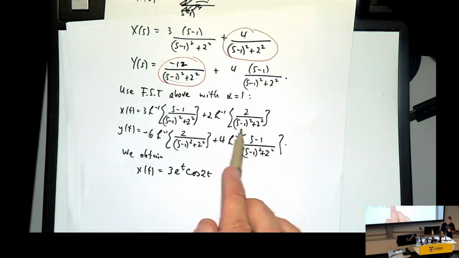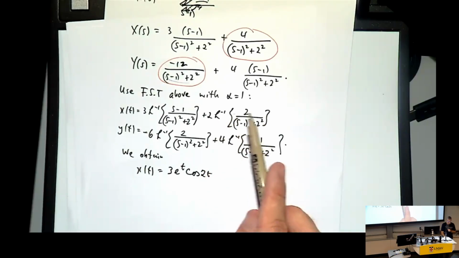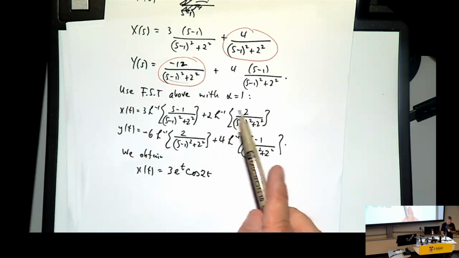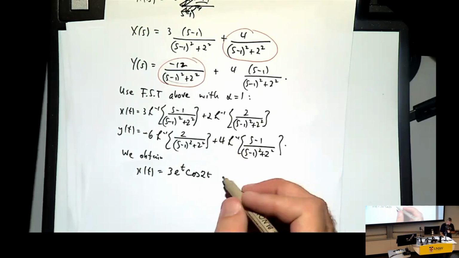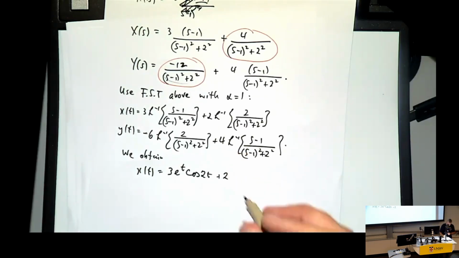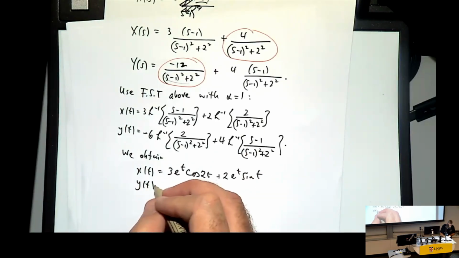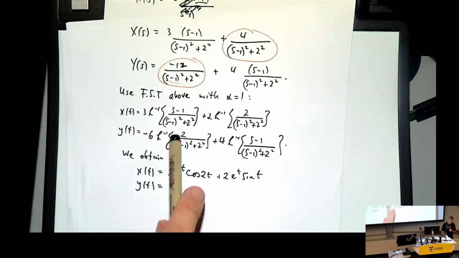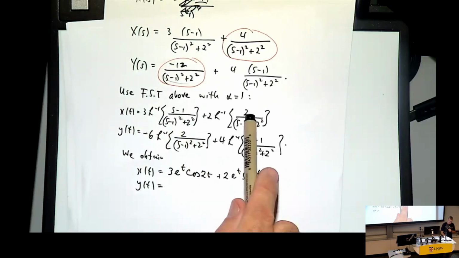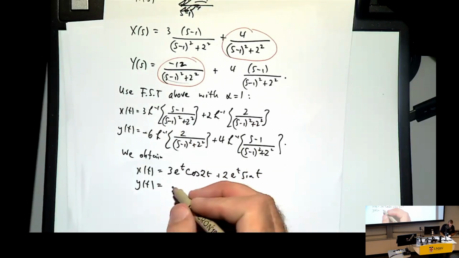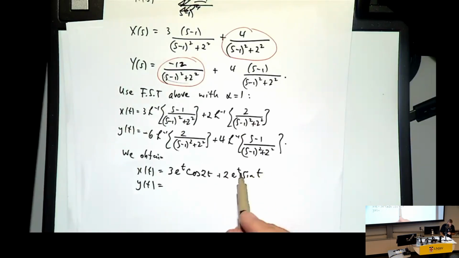Okay, over here, this is going to give you essentially an exponential times a sine function with the 2 out there. Okay, down here, well, that is pretty much the same as that, so we're going to get the same thing as over here, and you multiply by -6.